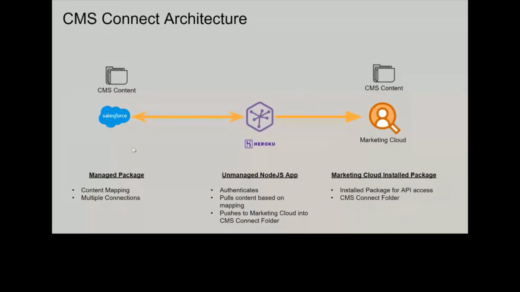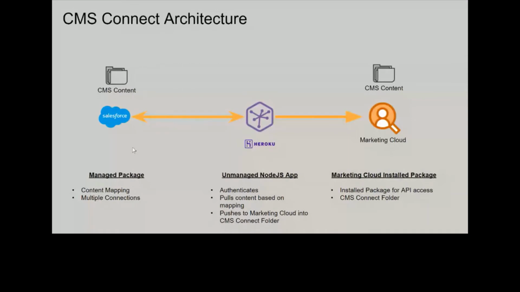And Heroku fetches all of the content from Salesforce CMS using the connected REST API and pushes it to Marketing Cloud in a very specific folder using the Content Builder API. Those APIs are basically enabled by the install package at the end of Marketing Cloud that we set up, an API-enabled install package.